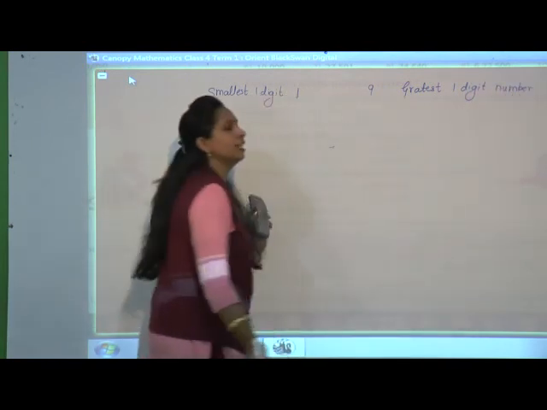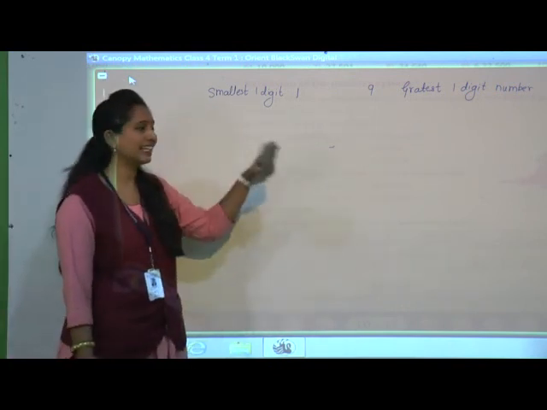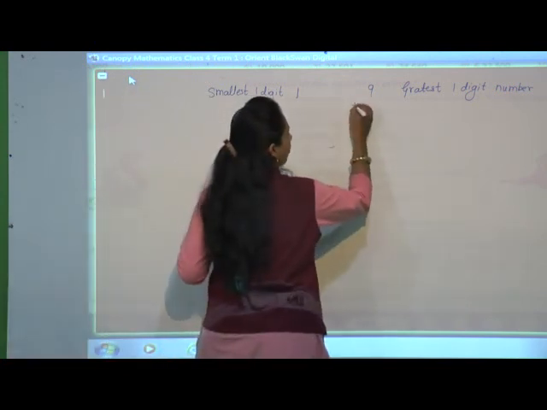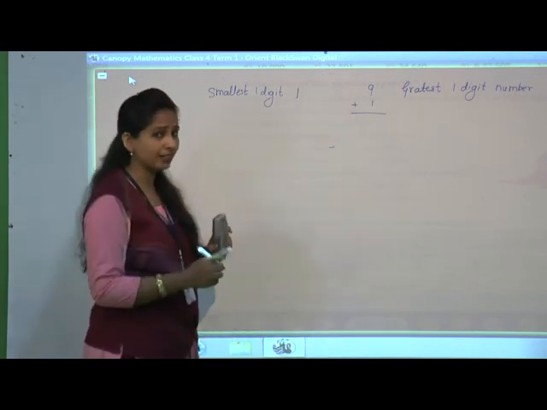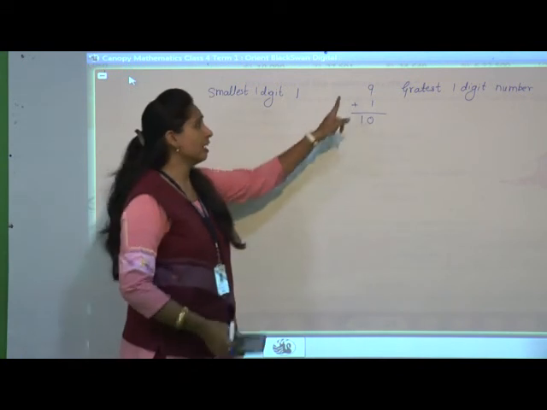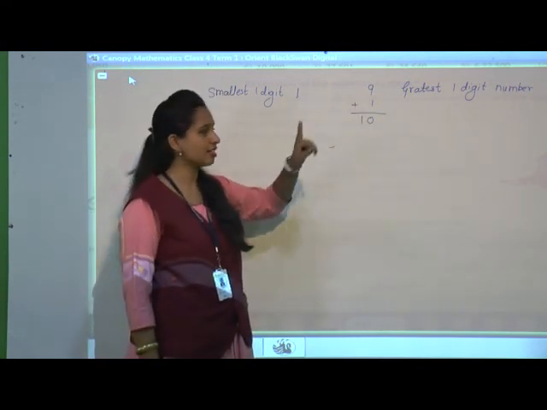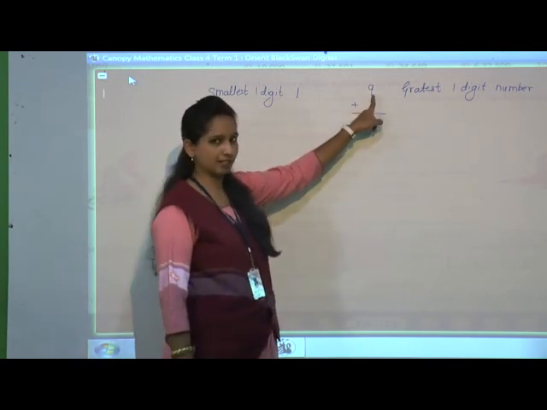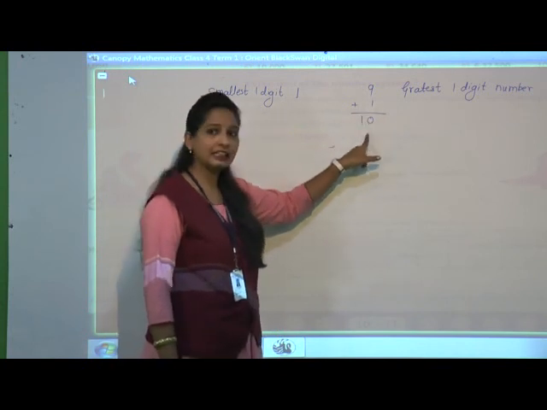Now we will see the smallest 2-digit number and the greatest 2-digit number. When we add 1 to this 9, what do we get? 9 plus 1 is 10. Also we can say the successor of 9. What is meant by successor? Successor means add 1. So, when we want to find the successor of 9, we add 1. So, what do we get? 10.